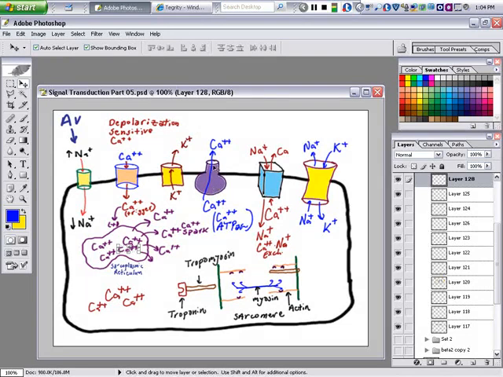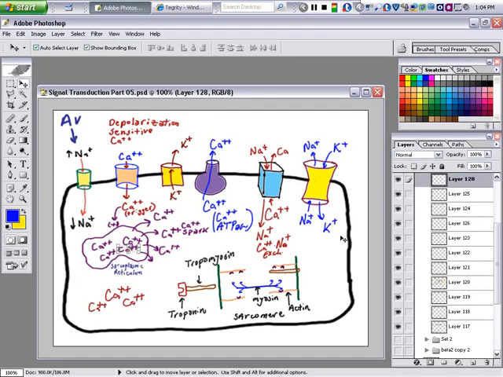So the calcium is going to be pumped out here, and by the calcium sodium exchanger, but sodium is going to come in. Now we have a situation where there's too much sodium on the inside, too much potassium on the outside. And so this last pump, the sodium potassium ATPase, is going to pump the sodium outside, pump the potassium back inside. Now we have diastole, now relaxation.